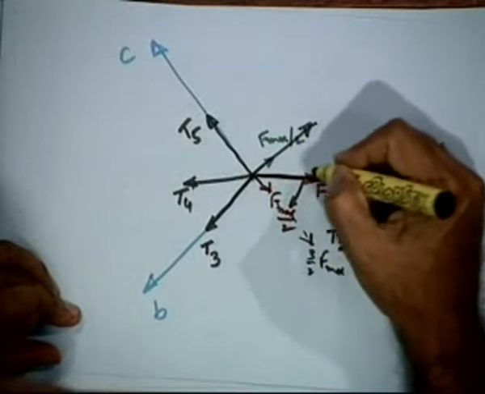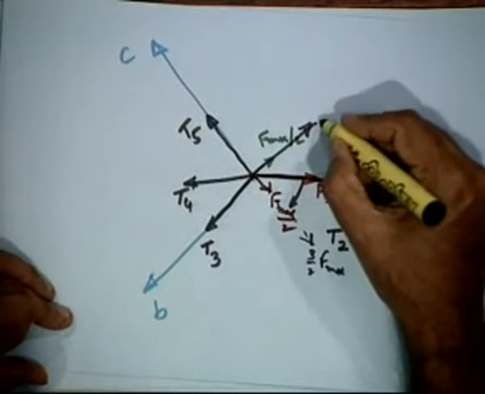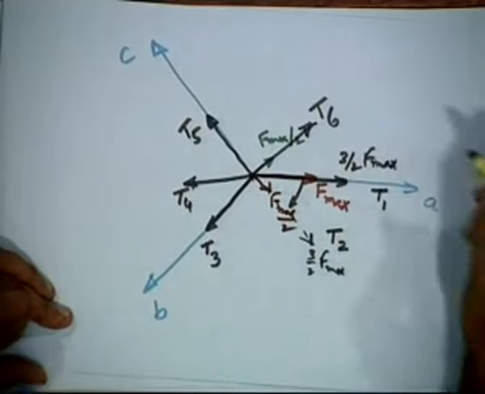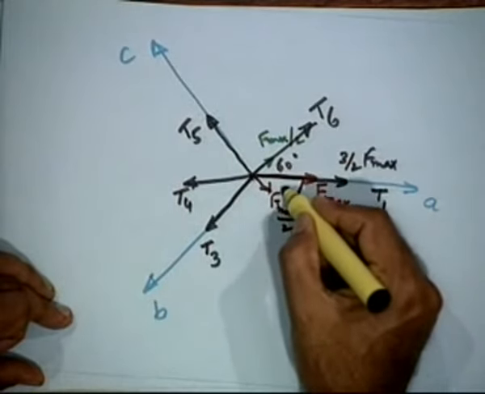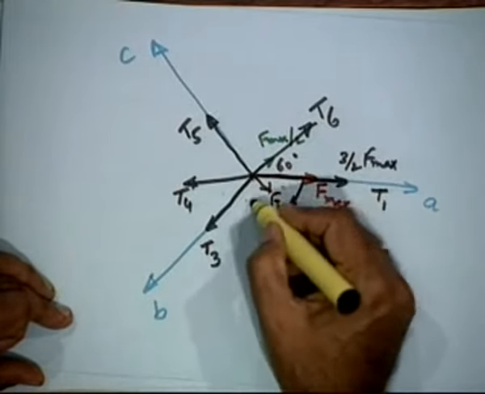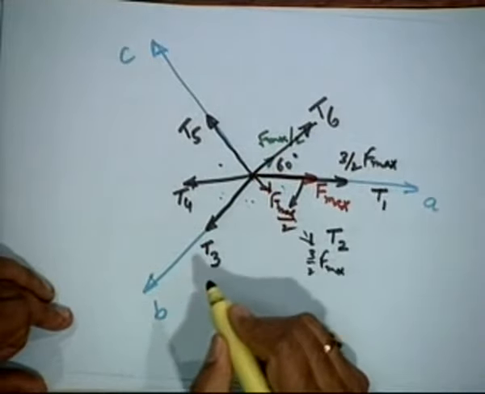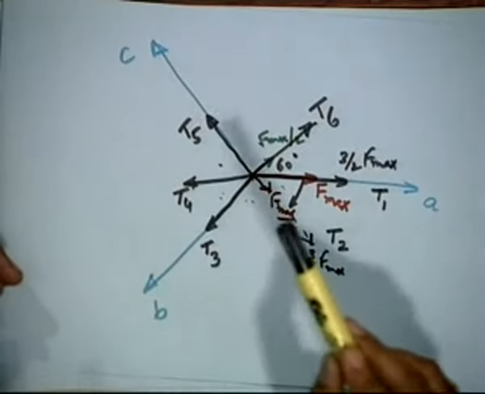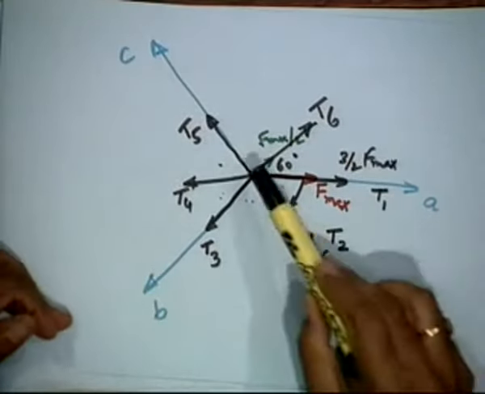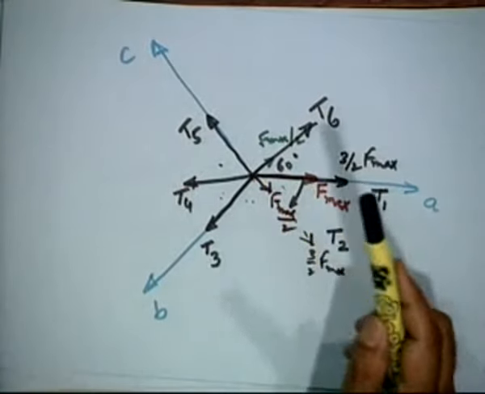So this is T6. So it is T1, 60 degrees, 60, 60, 60. So 1, 2, 3, 4, 5, 6. Okay. So you notice that as the current waveform goes through one cycle, your magnet rotates through one rotation, right?